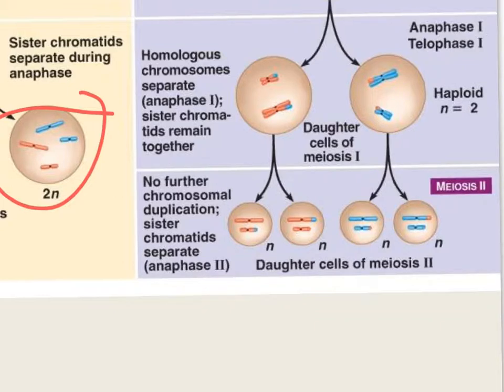Unlike mitosis, where you end up with identical daughter cells, here you have individual gametes and each one is haploid. And since there was chromosome duplication, that means 4 sister chromatids, well, those split up into 4 individual chromatids. And that happens during meiosis too.